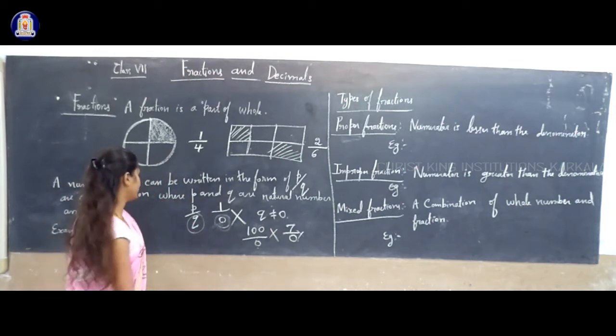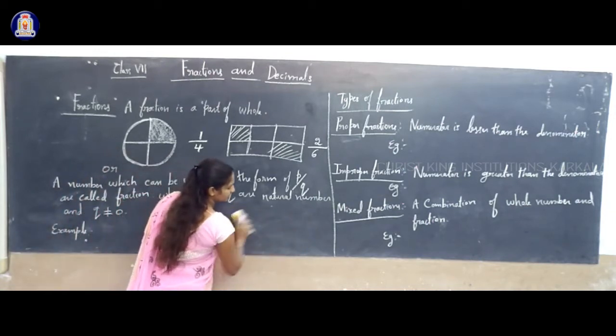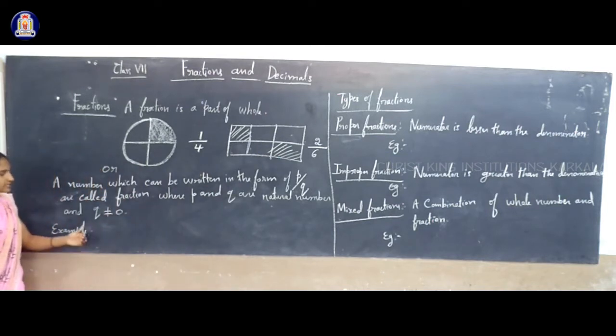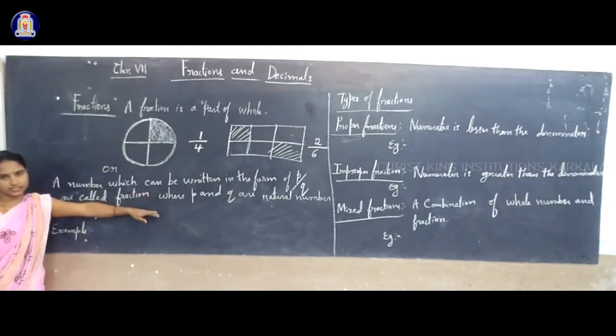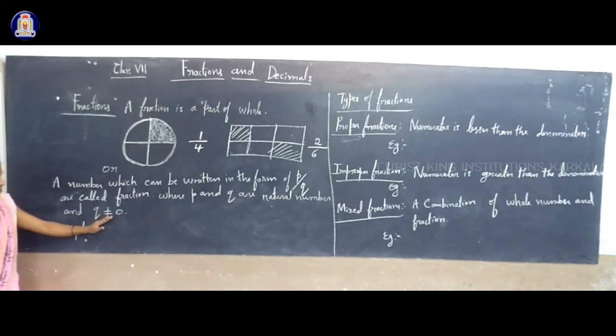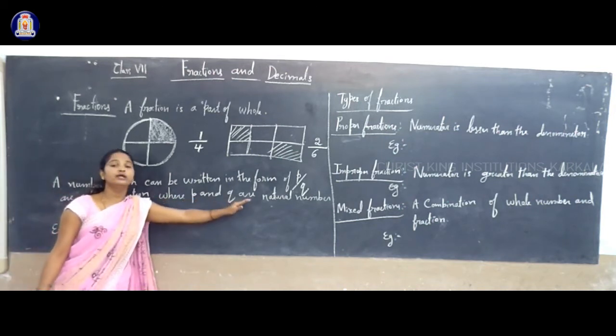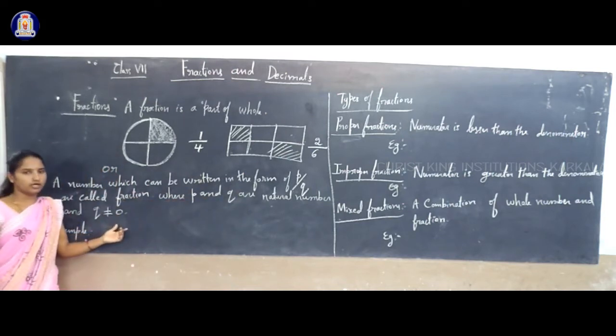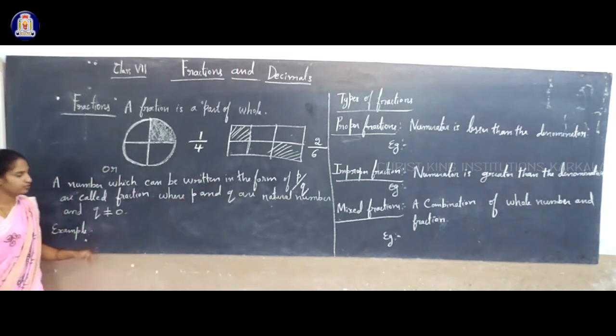So the condition is Q is not equal to 0. We cannot write 0 in the denominator. Clear? P and Q must be natural numbers, then Q is not equal to 0.